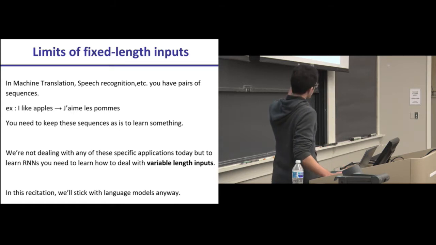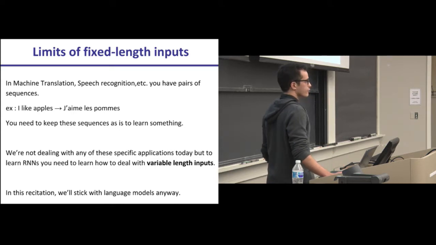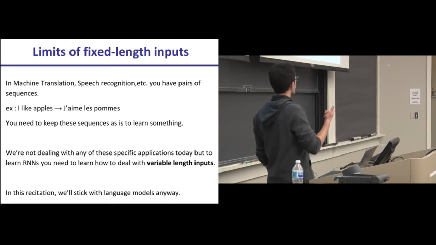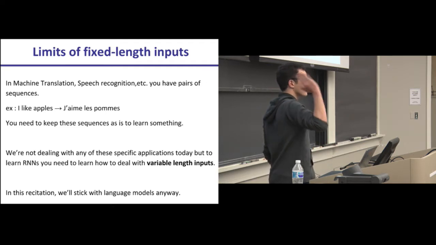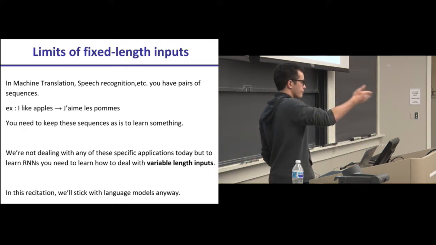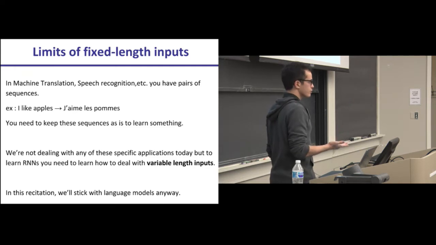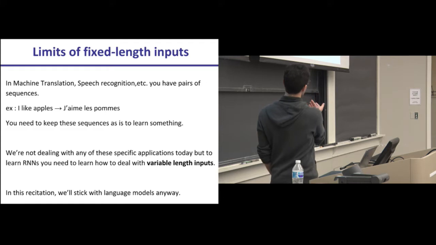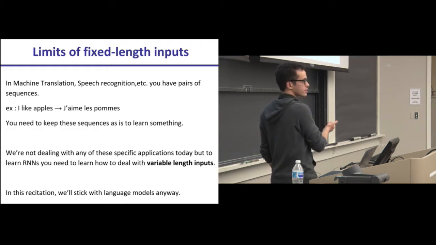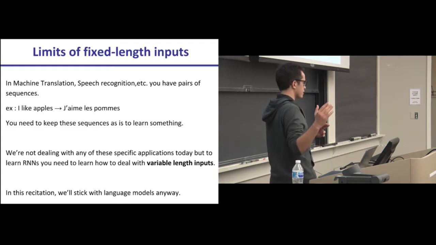Here you've got a 3-word sentence if you use words, and if you use characters, you've got some other number of characters, but you can't just take chunks of this and feed it to your RNN. We're not doing translation today, but if we were, you'd have to deal with the input as it is.